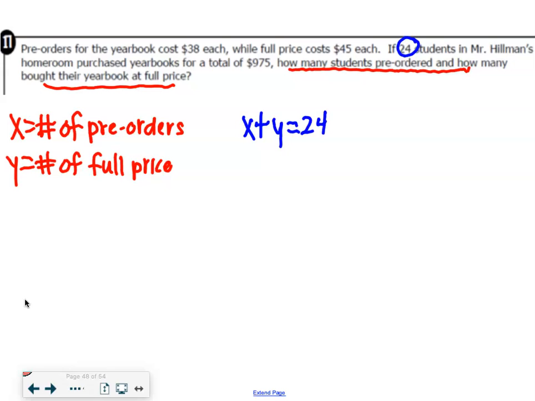So that's how many total kids are getting a yearbook. And then we're told the total cost was $975. Well, how much was it for a pre-order? Well, a pre-order is 38. So I'm going to have 38x. And how much did it cost for a full price? 45. And the total for the whole class was $975.